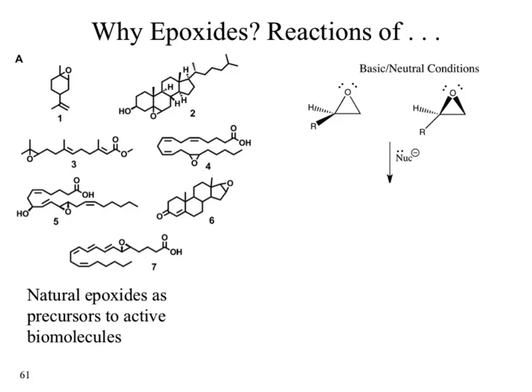Negative. So under basic conditions, I would expect strong nucleophiles. That strong nucleophile is going to seek out a positive. Where is there a positive in my epoxide structure? The oxygen is polarizing those bonds, making both of those carbons partially positive.